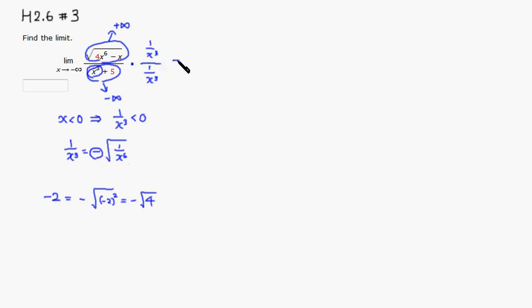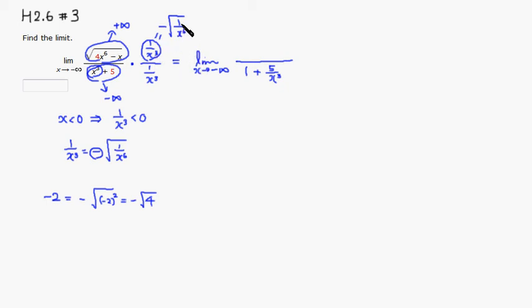Once you multiply it out, you get the limit as x approaches negative infinity. The denominator is x cubed divided by x cubed, which is 1, plus 5 divided by x cubed, which is 5 over x cubed. The top, as we said before, is equivalent to negative square root of 1 over x to the 6th power.